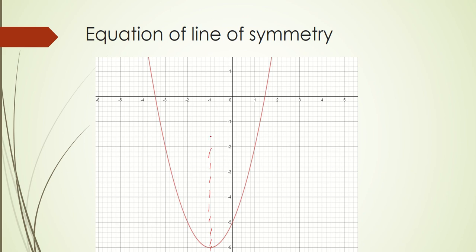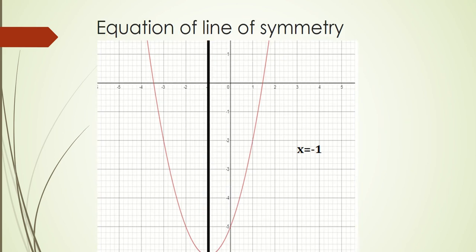Now, when I draw the line of symmetry, it is a straight line and it is crossing the x-axis at -1. So I should write the line of symmetry using the equation of a straight line. So it is x is equal to -1. I hope this is clear.